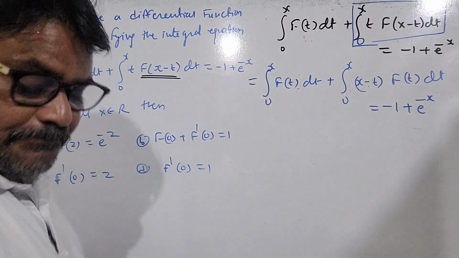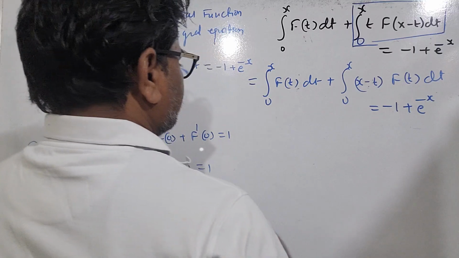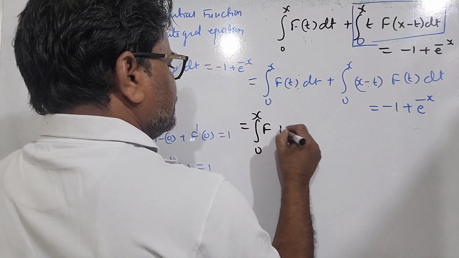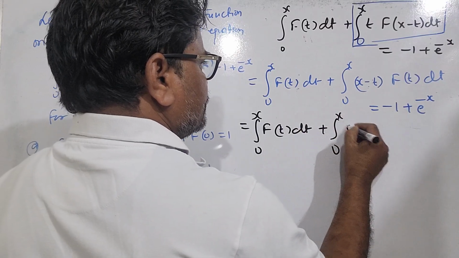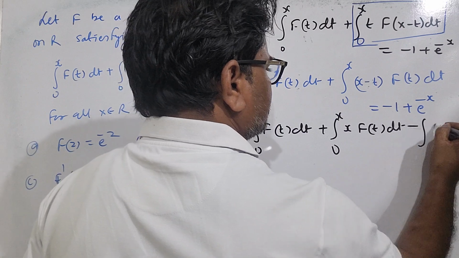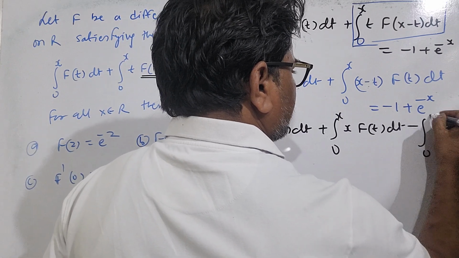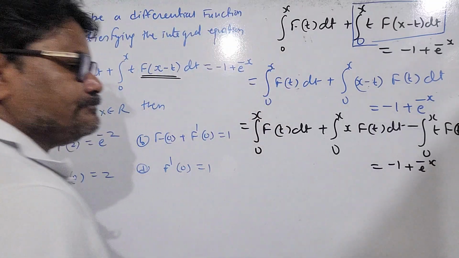Now we can separate this integration again. So that is equal to the integral from 0 to x of f(t) dt plus the integral from 0 to x of x times f(t) dt minus the integral of t into f(t) dt from 0 to x, that is equal to minus 1 plus e to the power minus x.